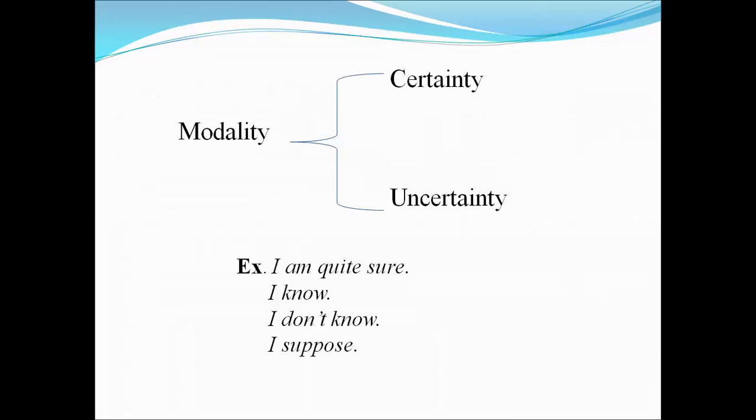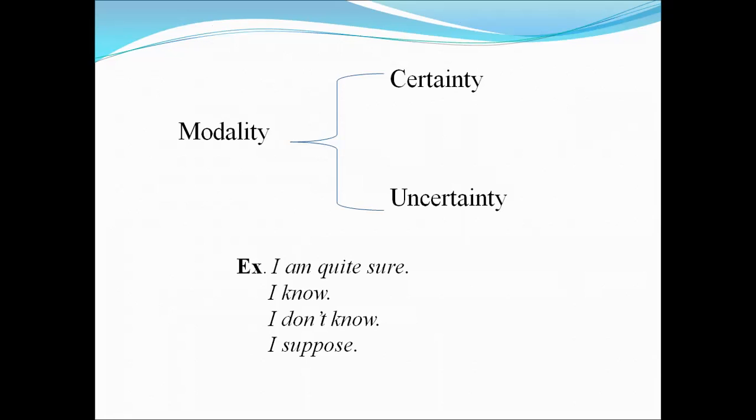But our intention is that modality commonly expresses certainty and uncertainty. It's very difficult to sort out which modal verb expresses certainty and which uncertainty. In between certainty and uncertainty, there will be a scale.